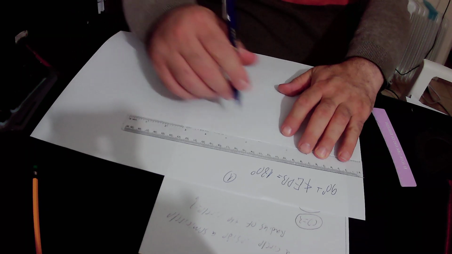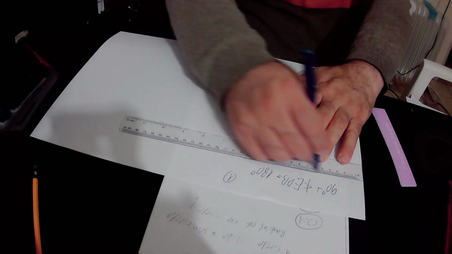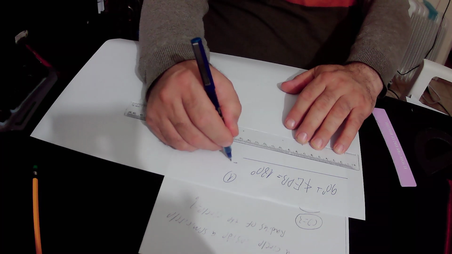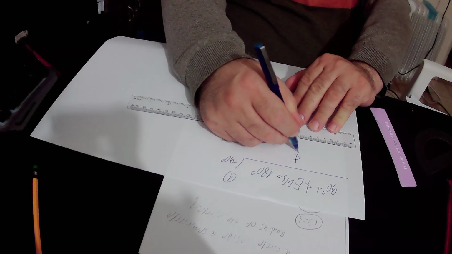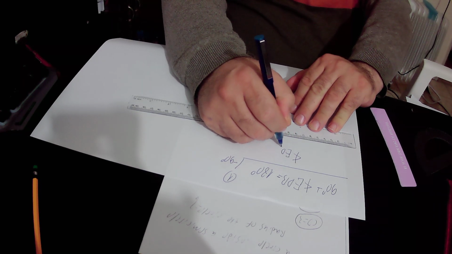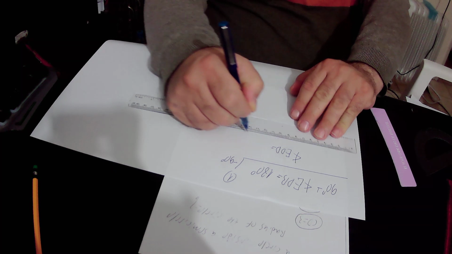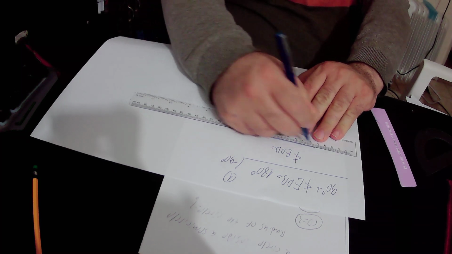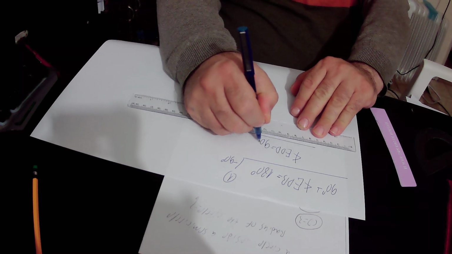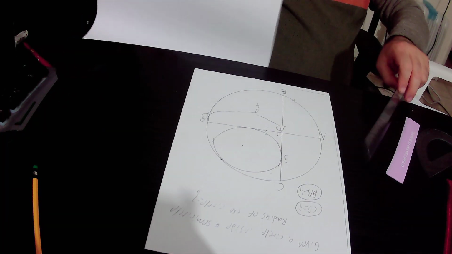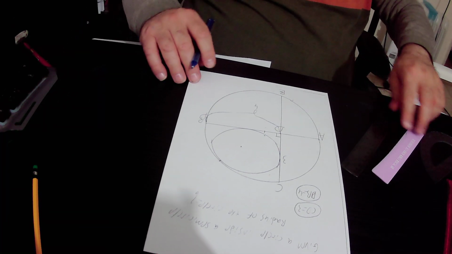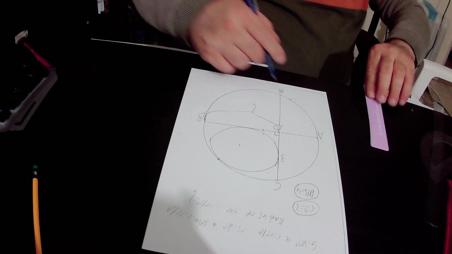Okay? So we subtract 90 degrees, and we get that the missing angle EDB is equal to 180 degrees minus 90 degrees, which is 90 degrees. So this angle is a right angle.